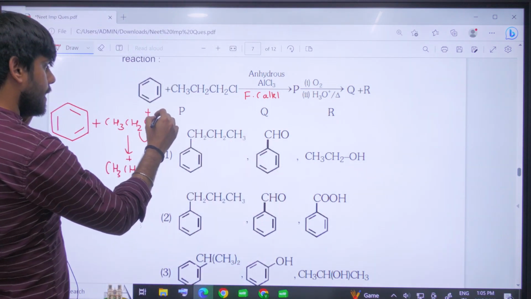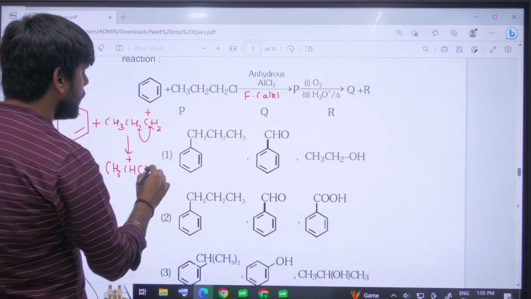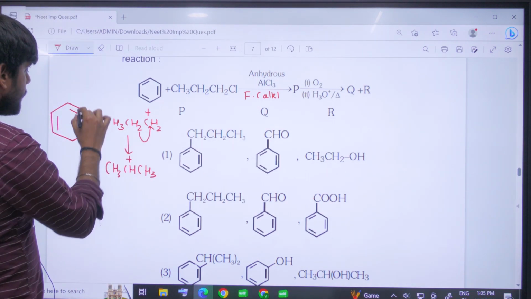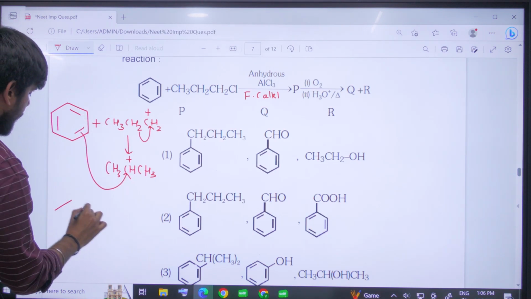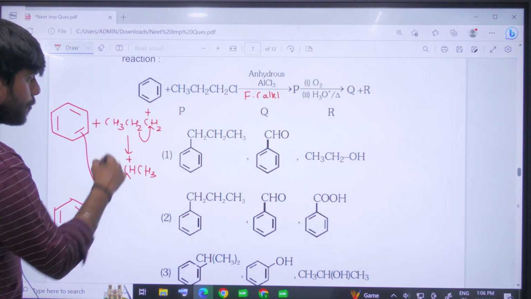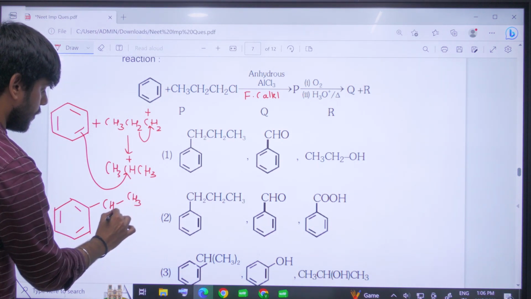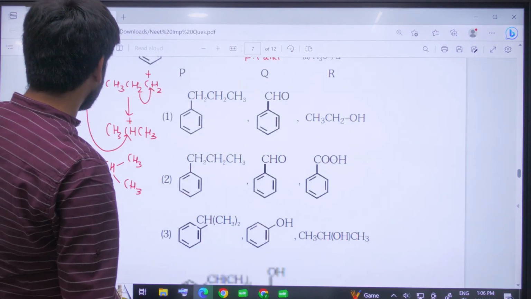It was 1 degree at first, and by hydride shift I get a 2 degree carbocation, which is obviously more stable. Then this will attack on this particular carbon, and I end up getting isopropyl benzene instead of propyl benzene.